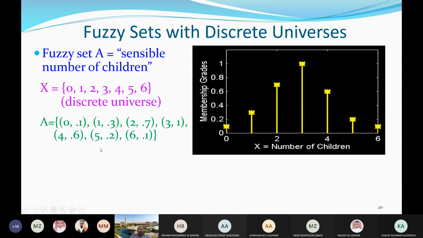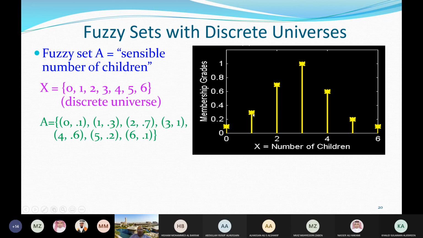Okay. You can say, if we define the membership function as such, 0 has a degree of membership equal to 0.1, for example.